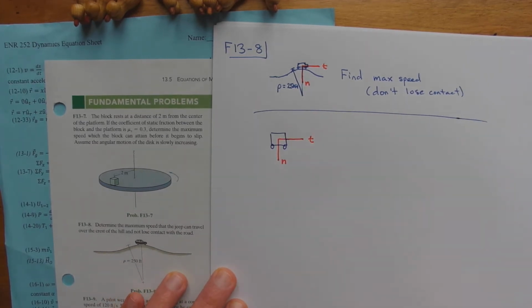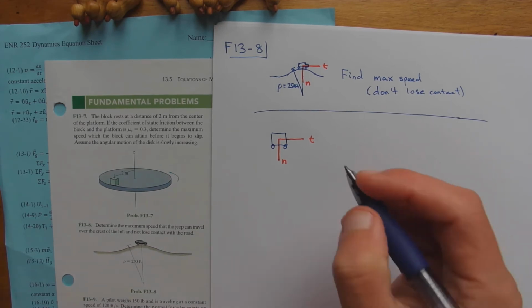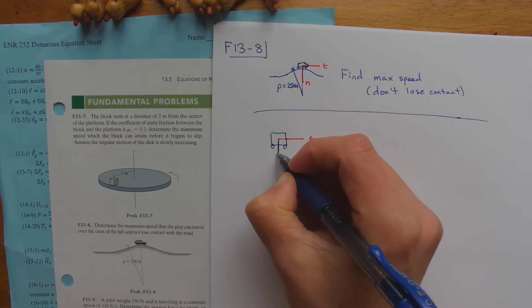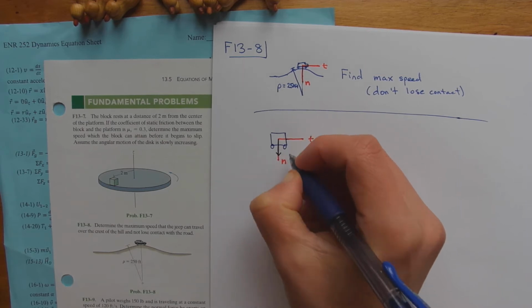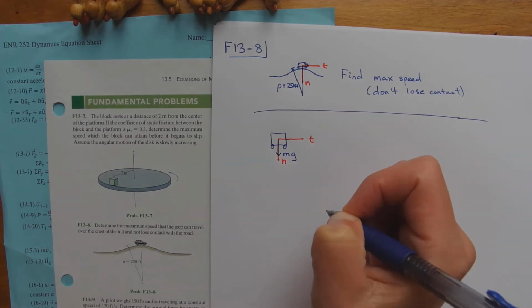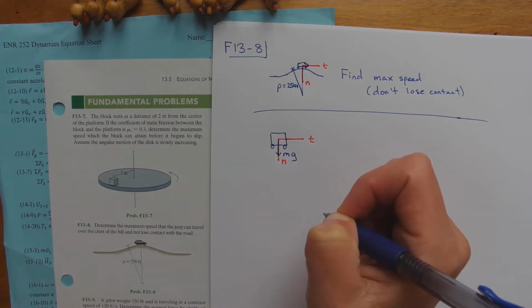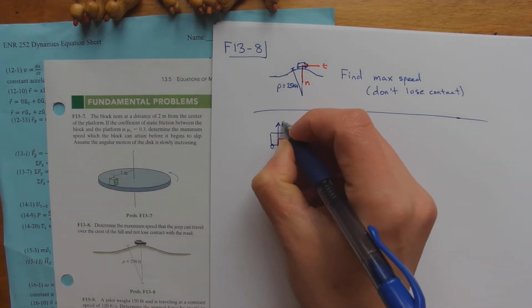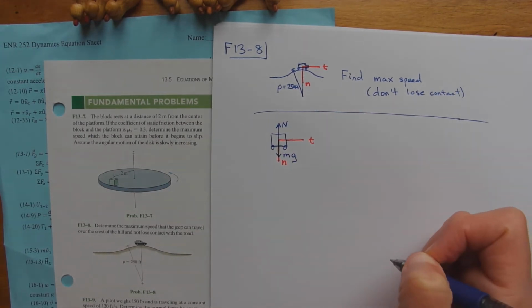I guess we'll put some wheels on it. Pointing down, we have the force of gravity, which is the mass of the Jeep times g, and the hill is touching the Jeep and exerts a normal force upwards. There are no other forces acting on the object.